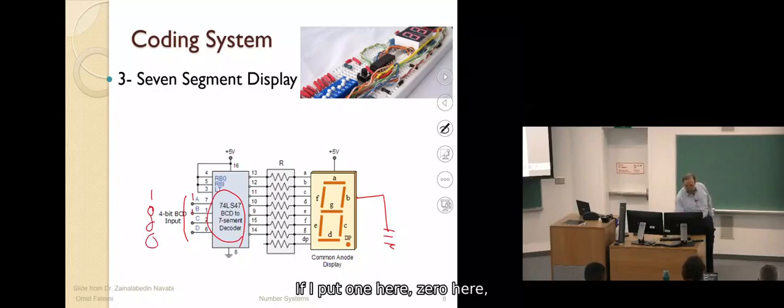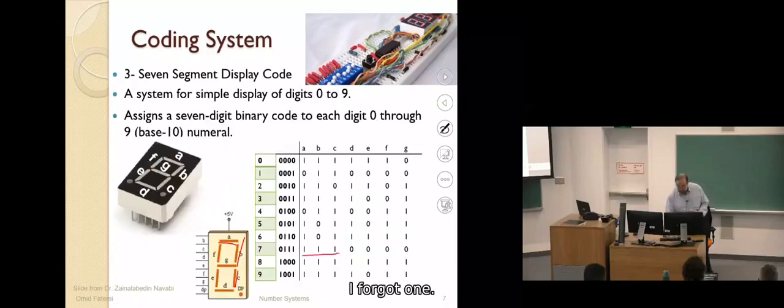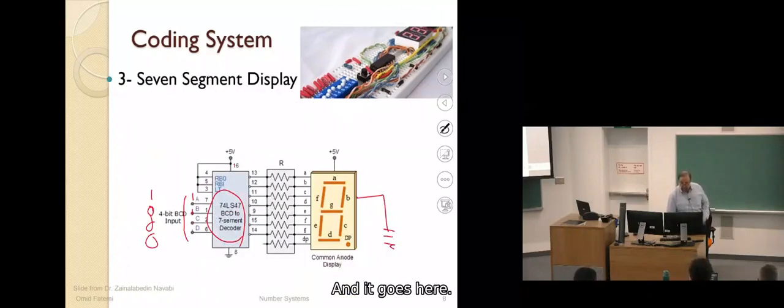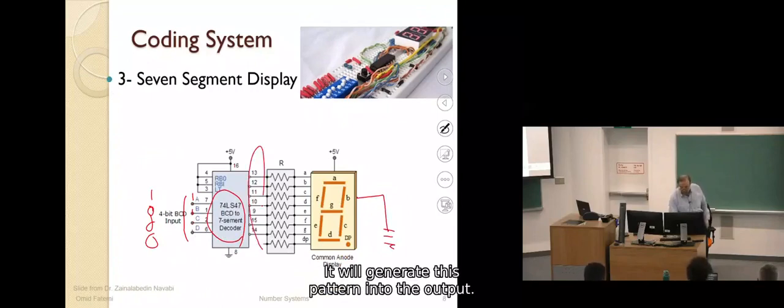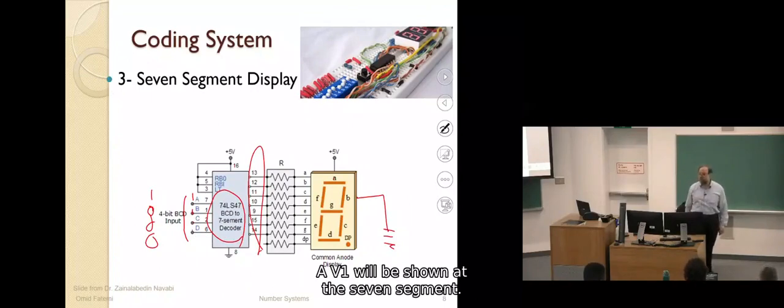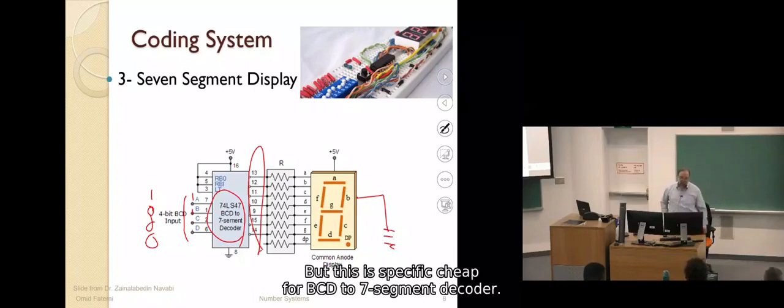If I put 1 here, 0 here, 0, 0 here, then it will generate this pattern, 0, 1, 1, 0, 0, 0, 0, and it goes here, so it will generate this pattern at the output, and it goes to the 7 segment, and it will be turned on. A 1 will be shown at the 7 segment. So this is a specific chip for BCD to 7 segment decoder.